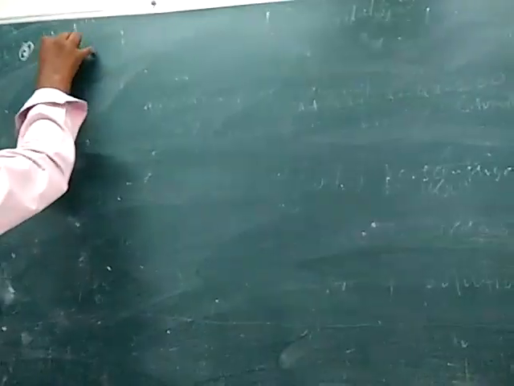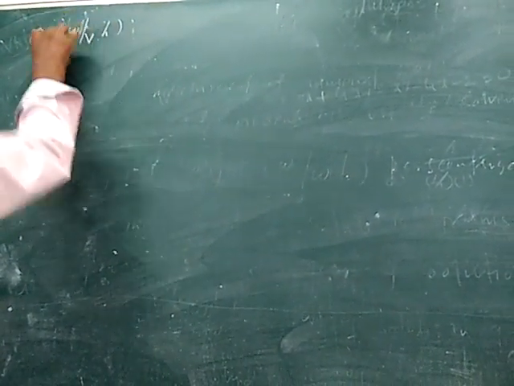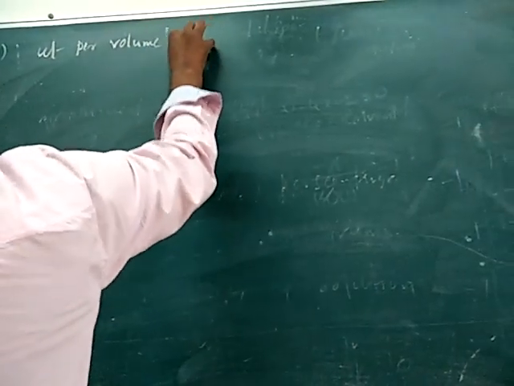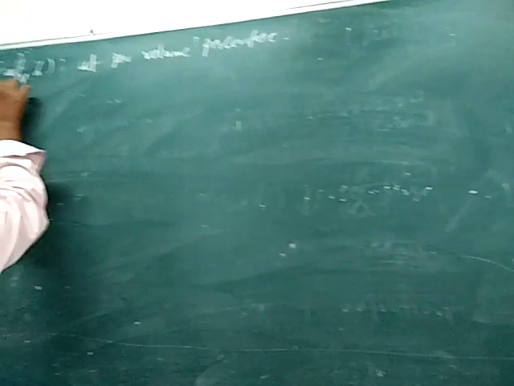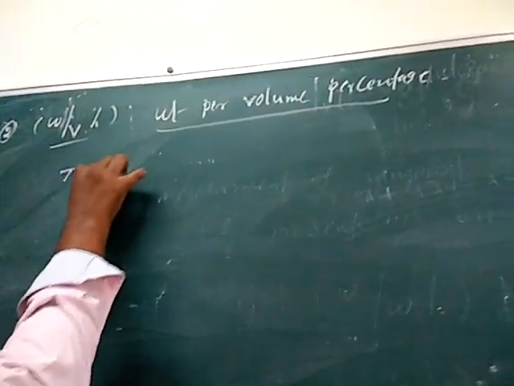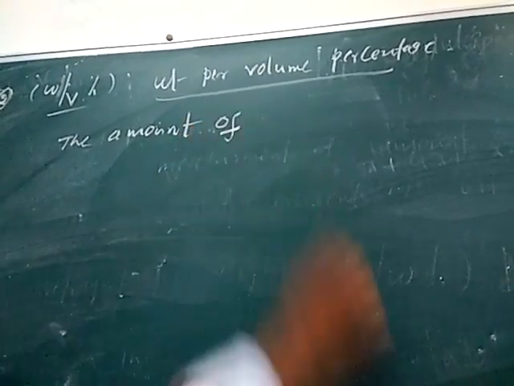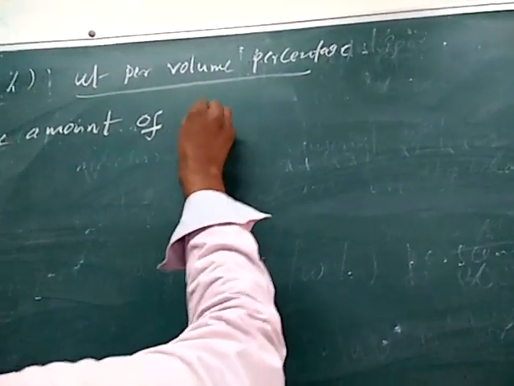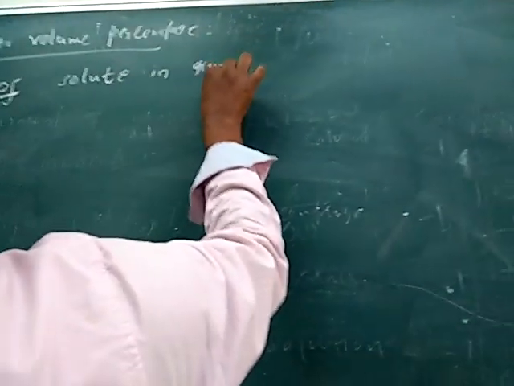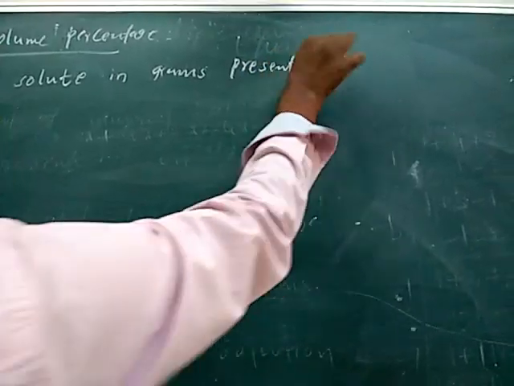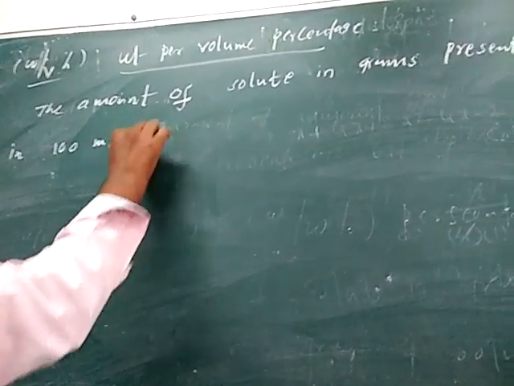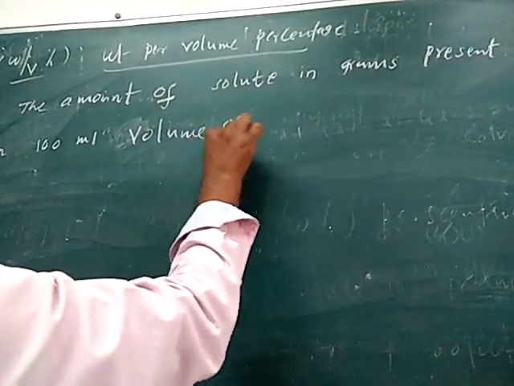Next, weight per volume percentage. This means the amount of solute in grams present in 100 ml volume of solution.